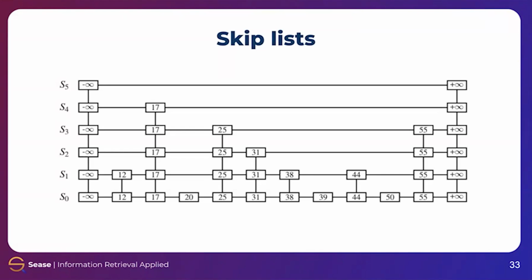And then I follow this path until I'm in the last layer, and I find the nearest left value and the immediate right value. So I know that my number, 40, is near to 39 and 44. And so I have found the two nearest elements in the list.